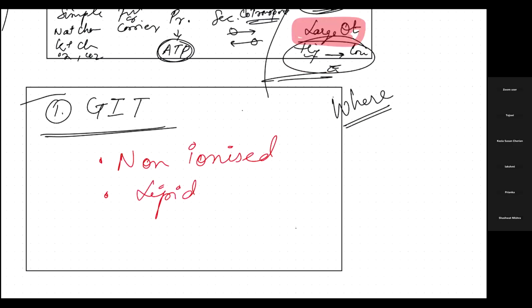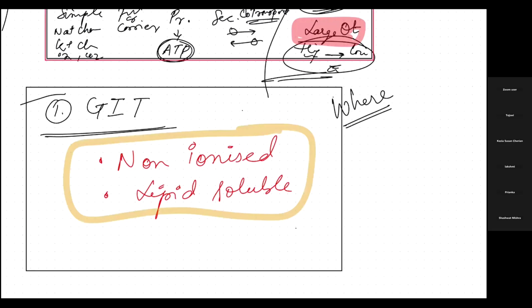Any drug having these two features will be capable of getting absorbed more. And if you change their property, if you make it ionized and water soluble, now it will have more property of excretion, that we'll see in excretion.